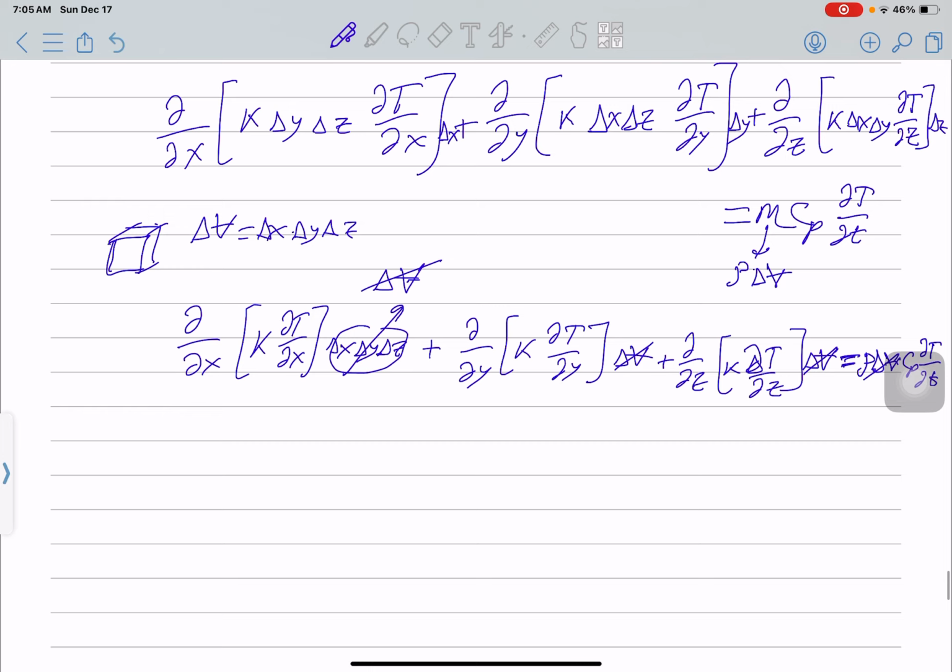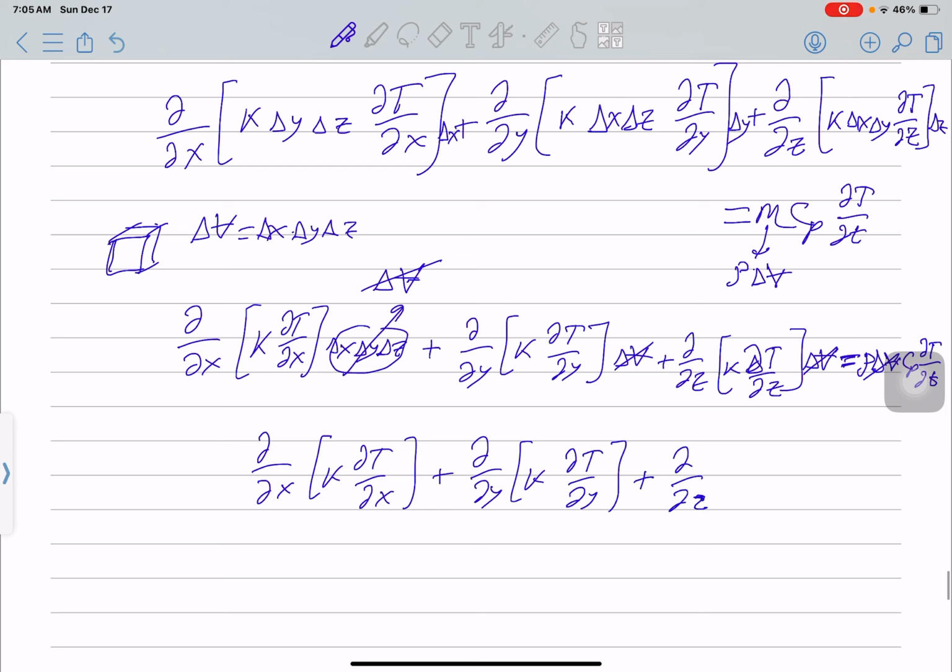We will get partial by partial x of k partial temperature by partial x plus partial by partial y of k partial temperature by partial y plus partial by partial z of k partial temperature by partial z, equal to rho cb partial temperature by partial time.